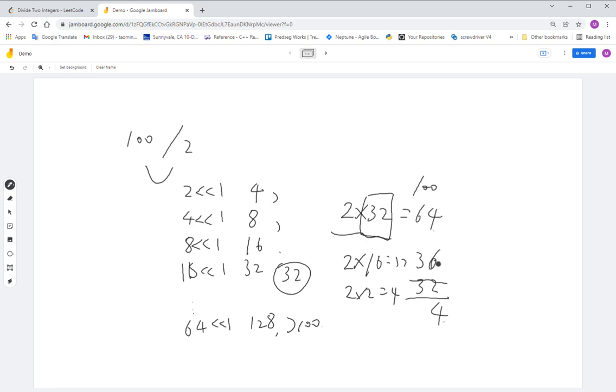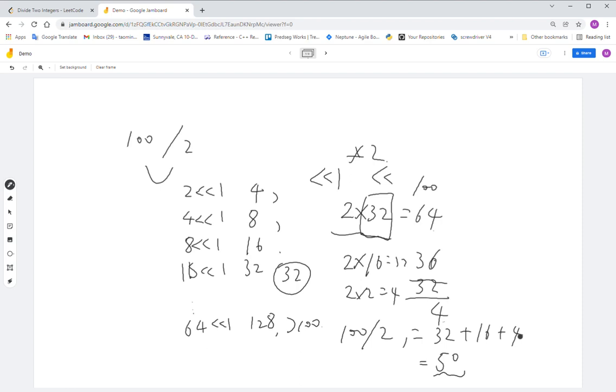So what is 100 divided 2? It will be the 32 plus 16 plus 4, right? This one is 50. So when we use this left move, we can finally find how to build the final result. Because actually the left move 1 is times 2.